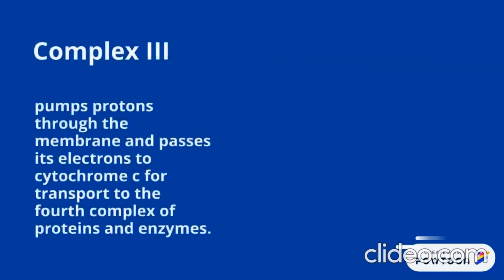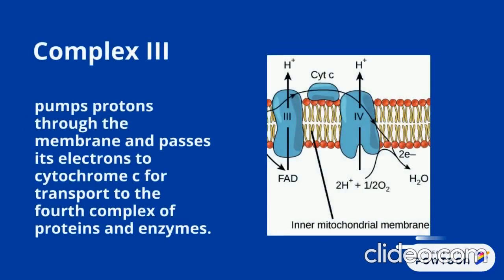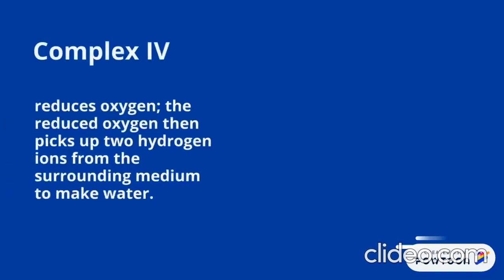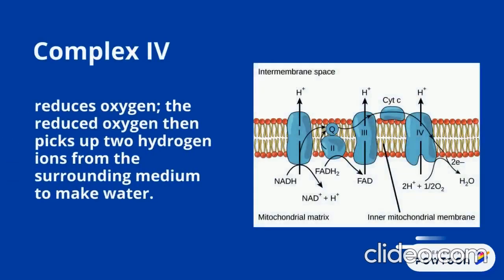Complex 3 then pumps protons through the membrane and passes its electrons to cytochrome C for transport to the 4th complex of proteins and enzymes. Complex 4 finally reduces oxygen, and the reduced oxygen then picks up 2 hydrogen ions in the surrounding medium to make water.